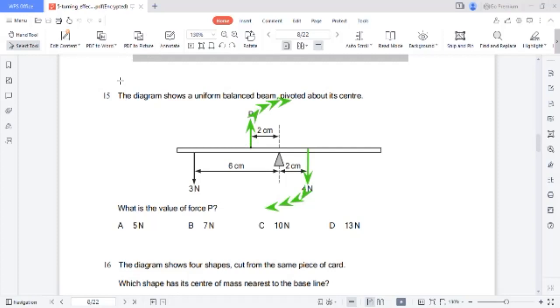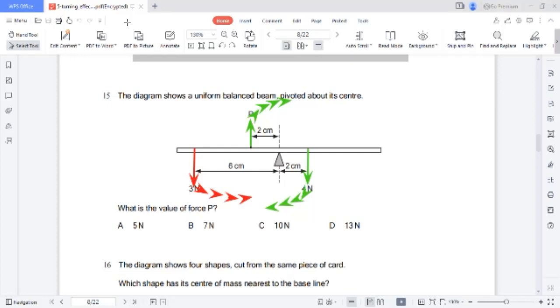And there is one more force acting in a downward direction here, which is about to create an anti-clockwise moment in it. So we have one force creating an anti-clockwise moment.